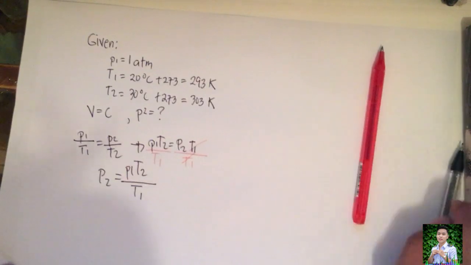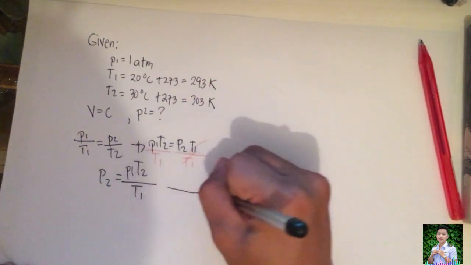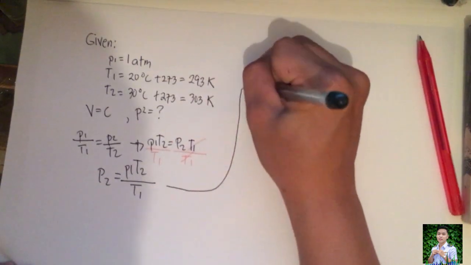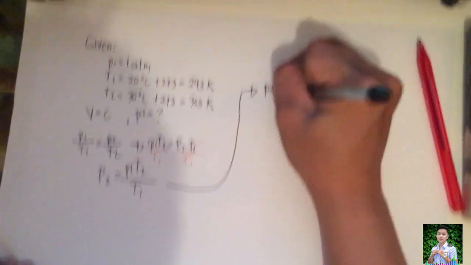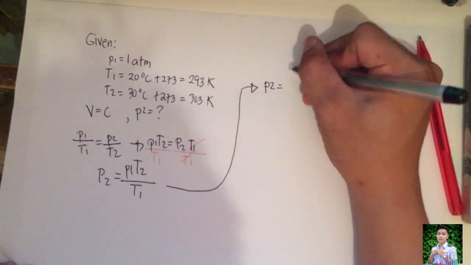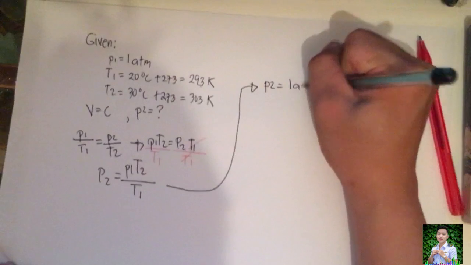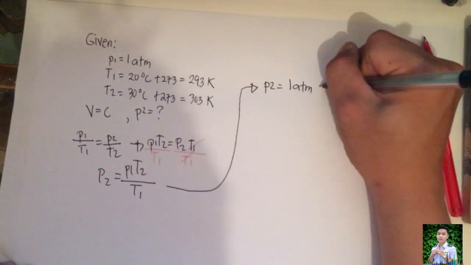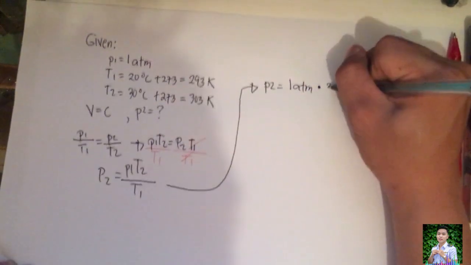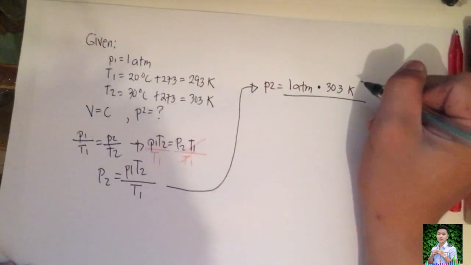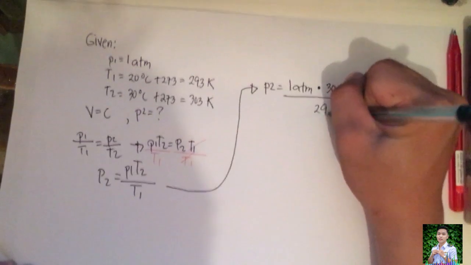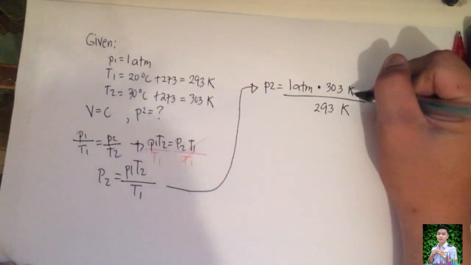Now, let us substitute the given data. P1 is equal to 1 atm times 303 Kelvin over 293 Kelvin.